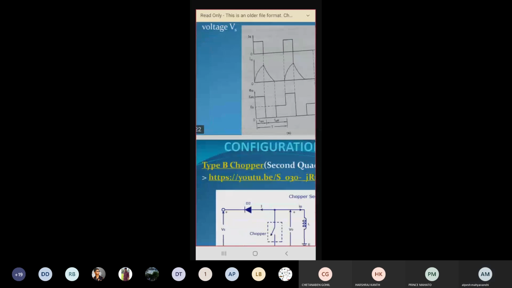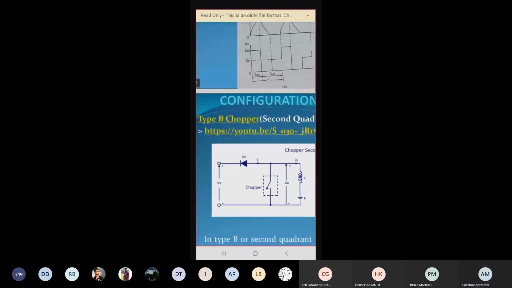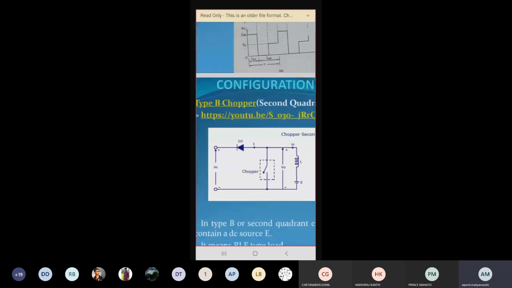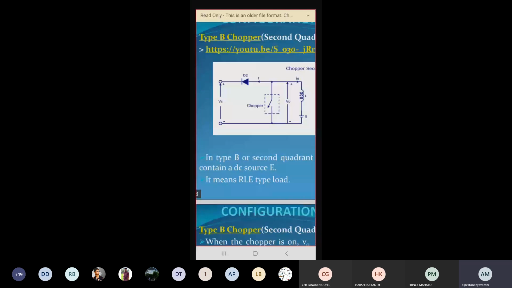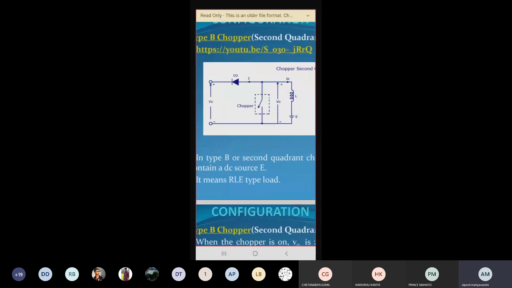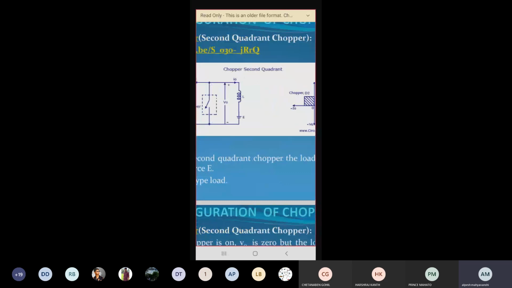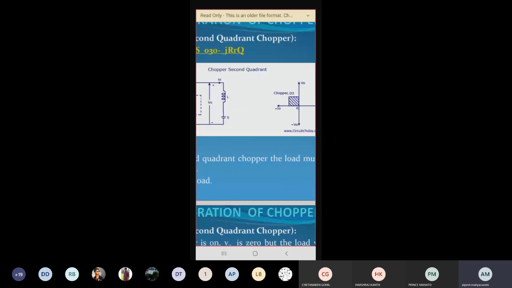So we assume that the load is the RLE type load. Type B chopper, in which diode D2, chopper, that is SCR, and RLE type load are connected. This chopper operates in the second quadrant, as we discussed earlier.